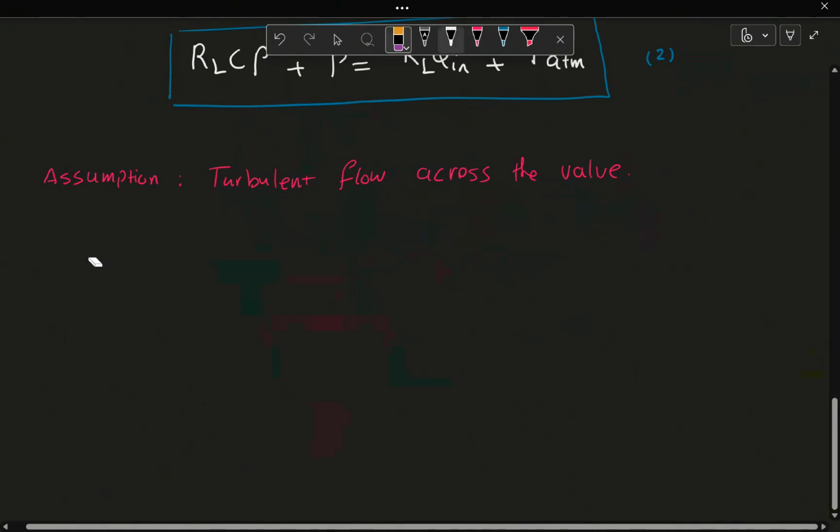Okay, so if you assume that the flow across the valve is in fact turbulent, then you have the pressure before the valve just like before, minus the pressure after the valve just like before, equals right now R_T Q_out squared. Okay, now this is a nonlinear equation.